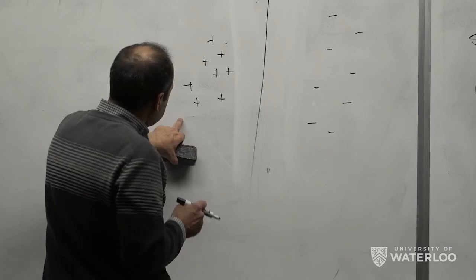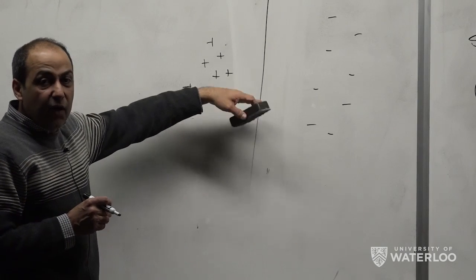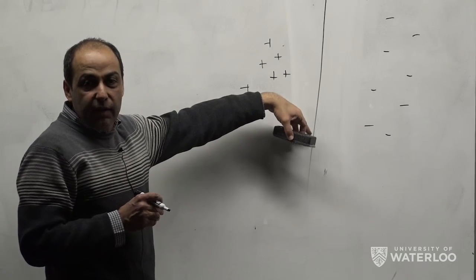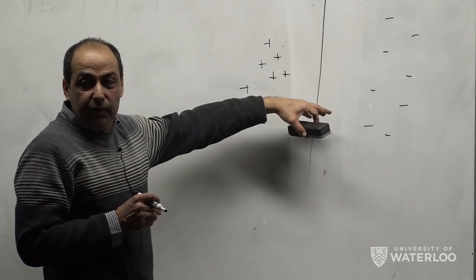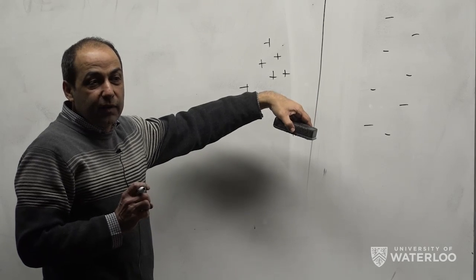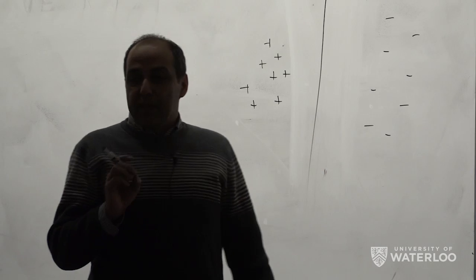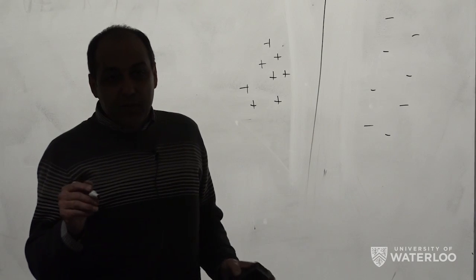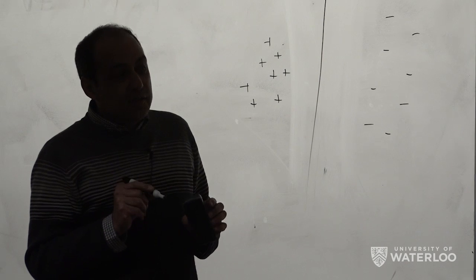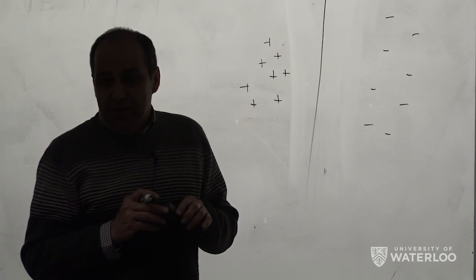SVM was the state of the art in classification for many years. It's one of the algorithms that has maybe the most responsibility, at the time that neural networks were popular, for making neural networks less popular.